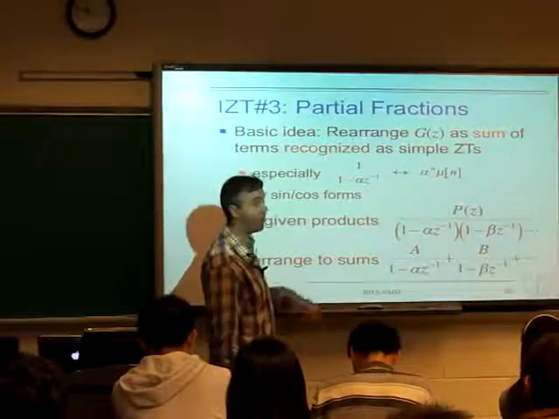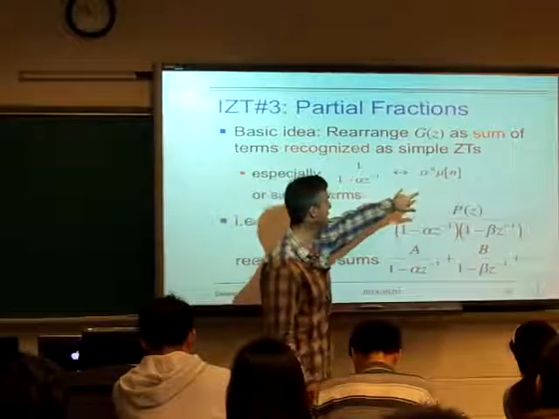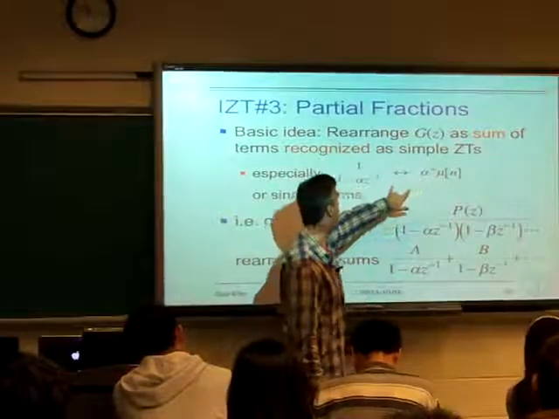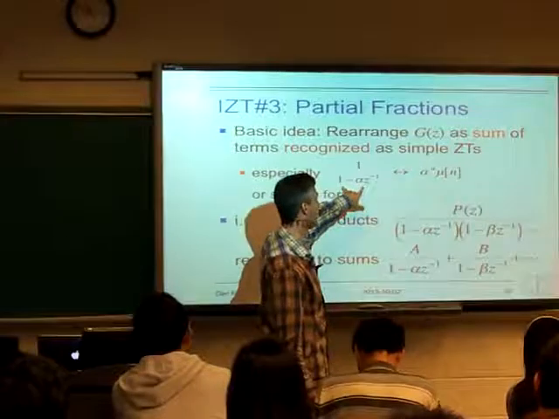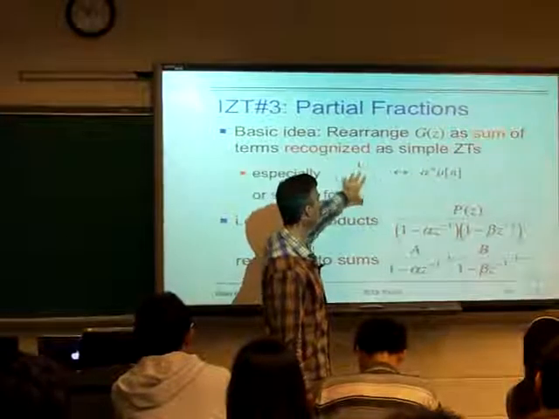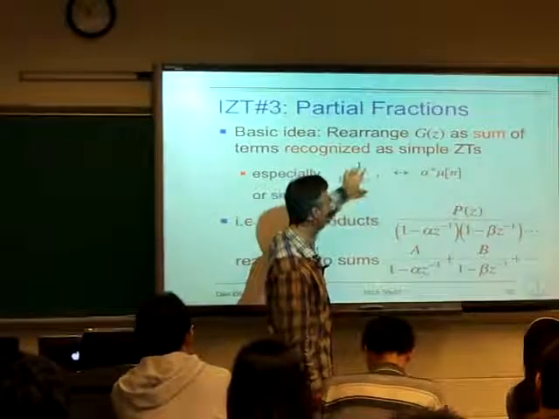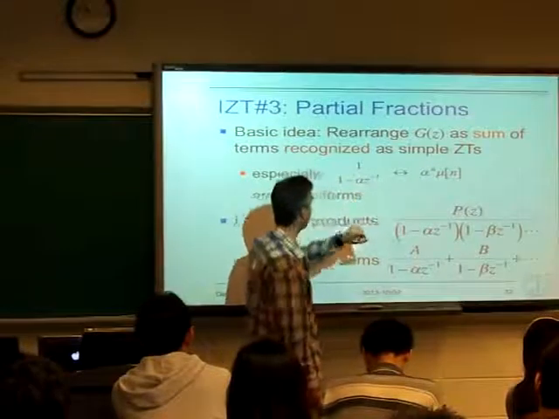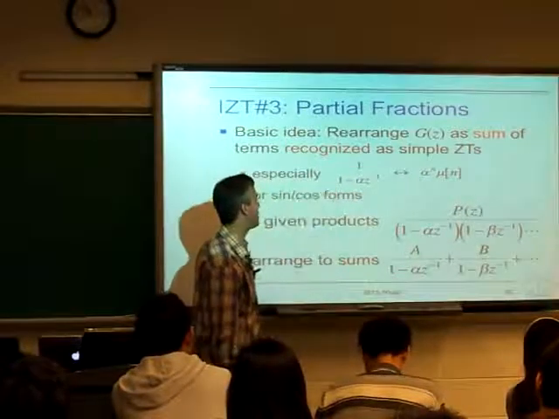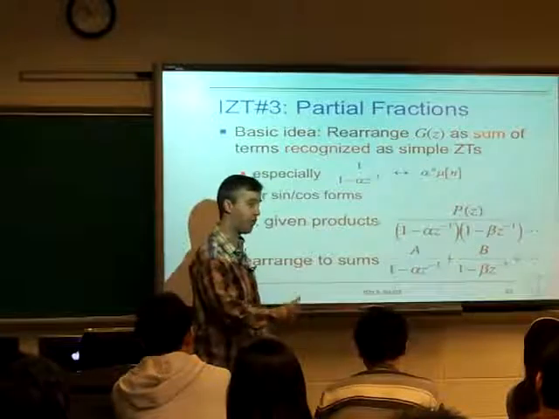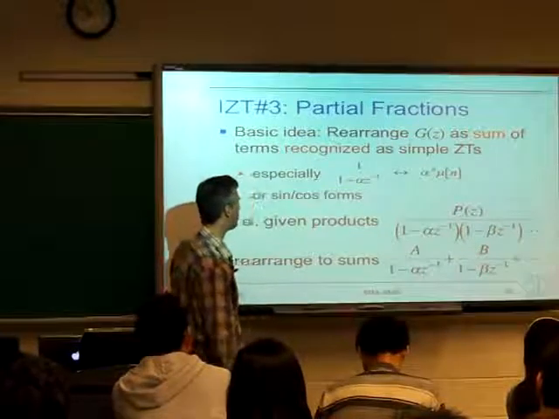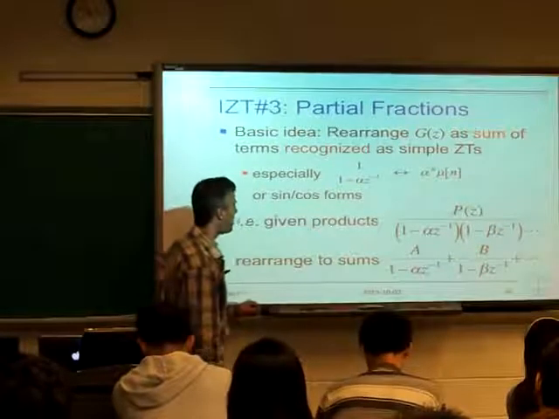And so most often what we're thinking about is these kinds of terms, alpha to the n times mu of n, whose Z transform is 1 over 1 minus alpha Z to the minus 1, or some linear version of that. If we can find those, we can just directly solve the problem. But here's the thing, right?